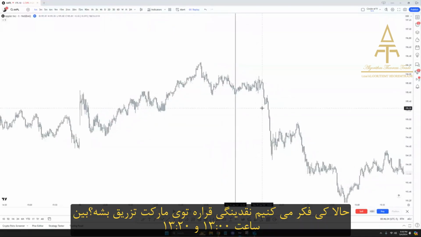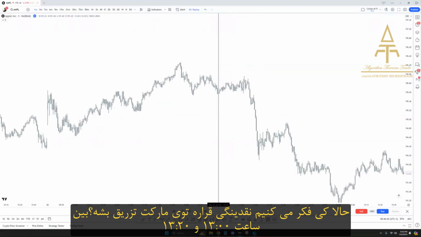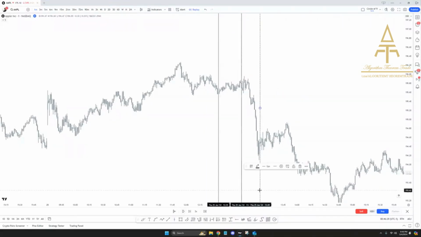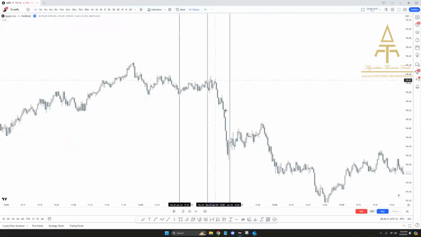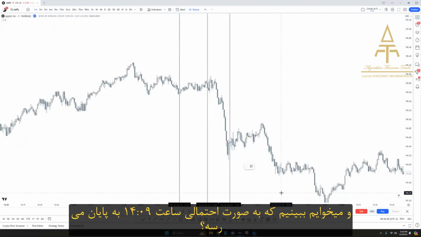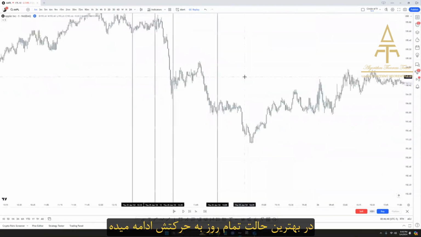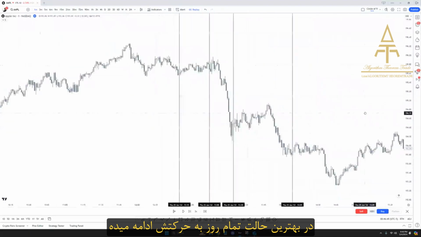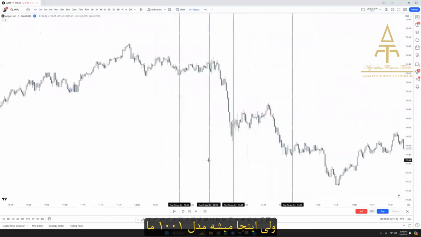Now when do we want to see volatility be injected? Between 13 and 1320. You see that right there? A perfect move right there. It's no coincidence. And then we want to see a possible terminus at 1409. Best case scenario is it just continues on for the rest of the day. But this right here is your model 1001.